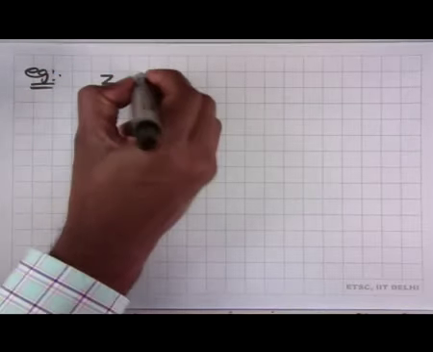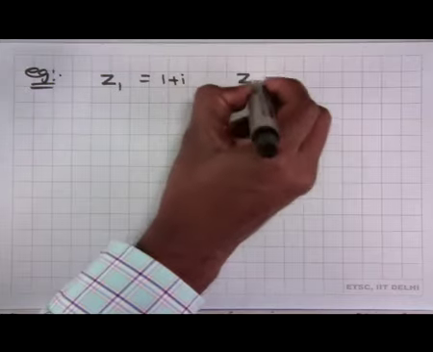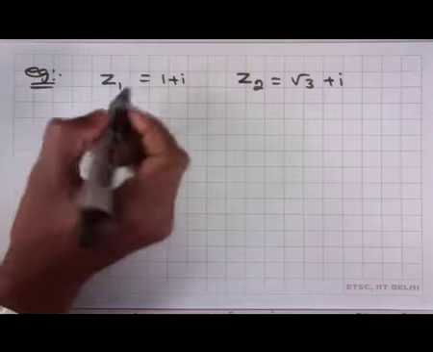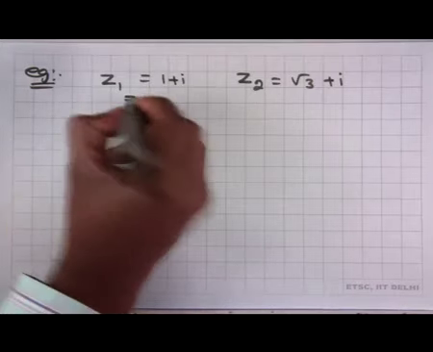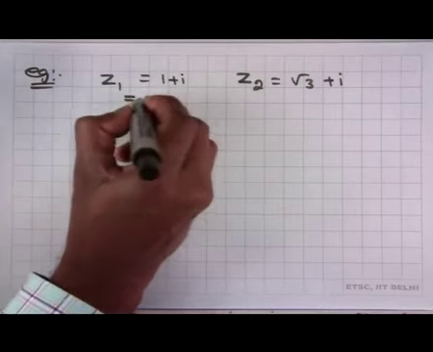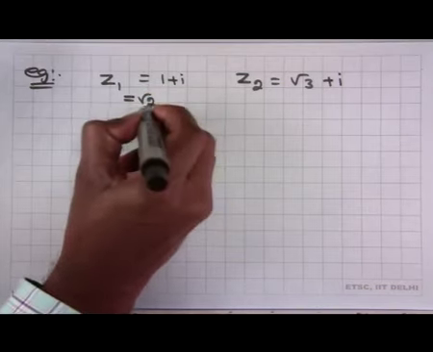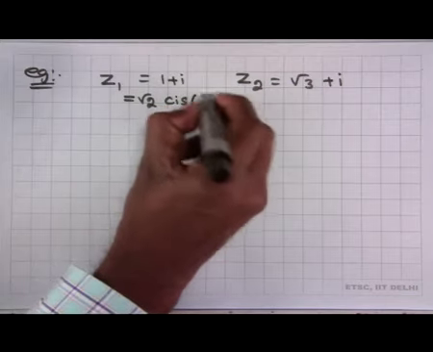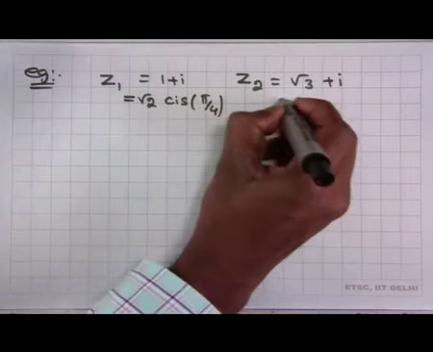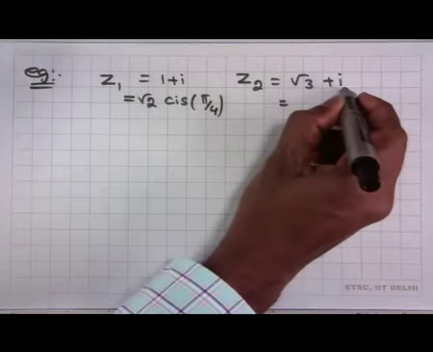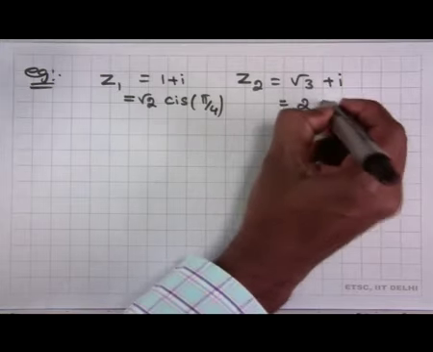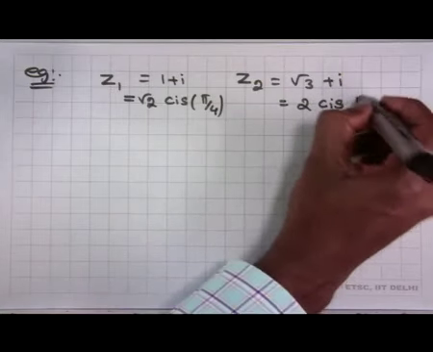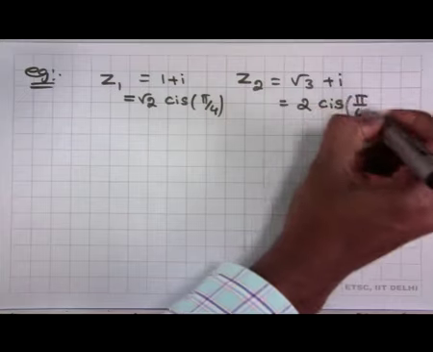Consider z1 as 1 plus i, z2 as root 3 plus i. So, the multiplication we do by converting to polar coordinates. Here the modulus r is root 2 and the angle is pi by 4, which we have already calculated, and for z2 the modulus is 2 and we can calculate its angle, which you can verify is pi by 6.